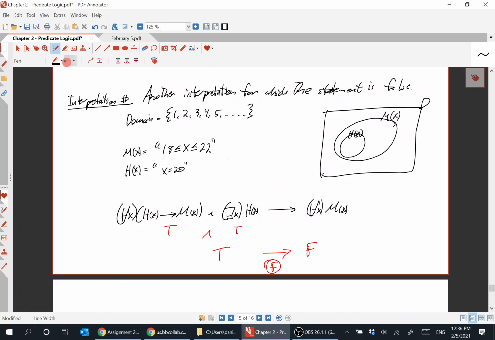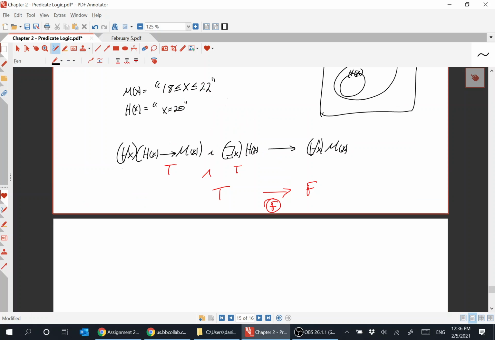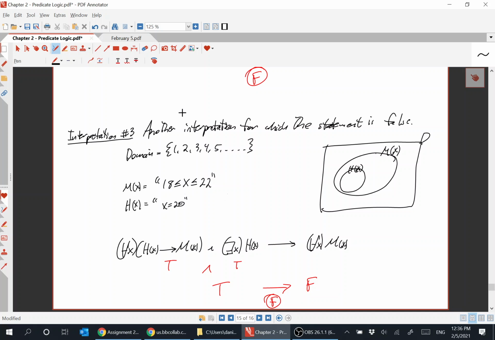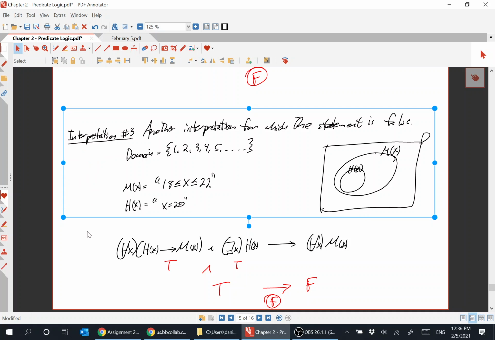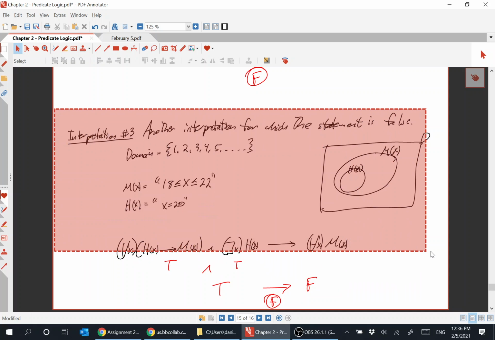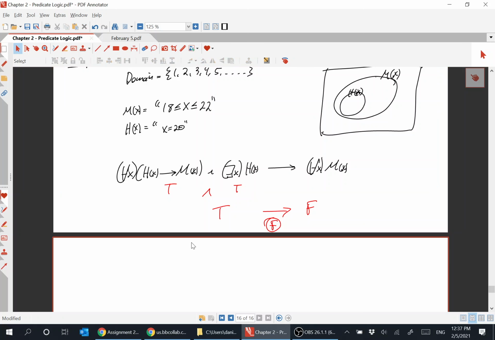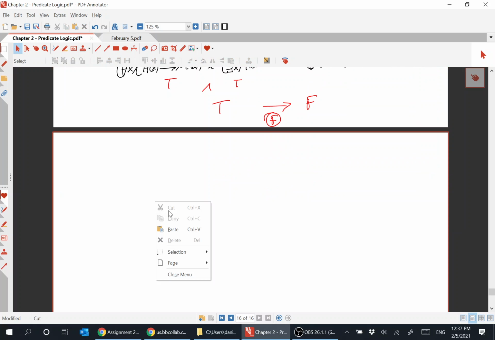How about an interpretation under which it's true? Now, again, this is an implication statement, and making it true is a triviality.